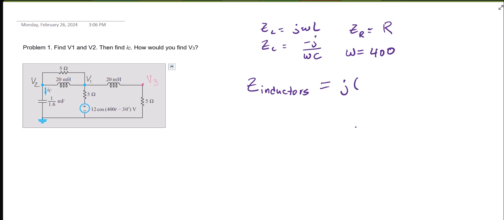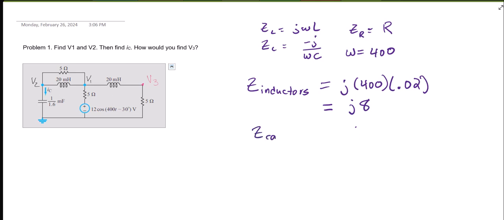So that'll be J times 400 times, I'm sorry, it's 20 millihenries, not just a milli, so it's 0.02. So times 0.02, that becomes J8.